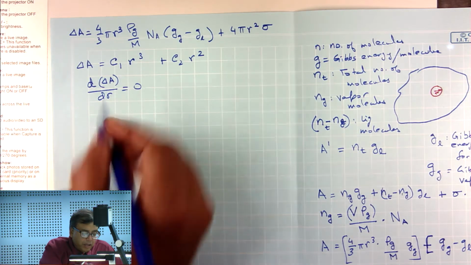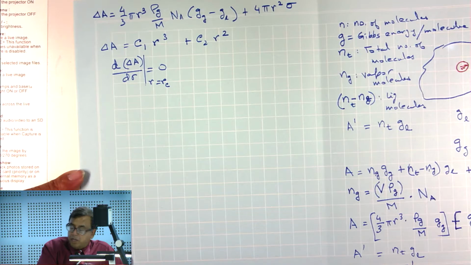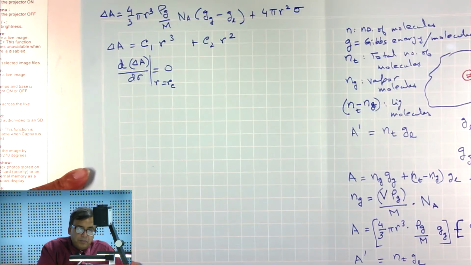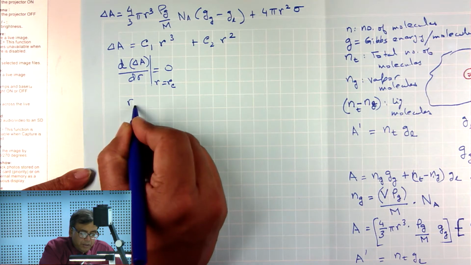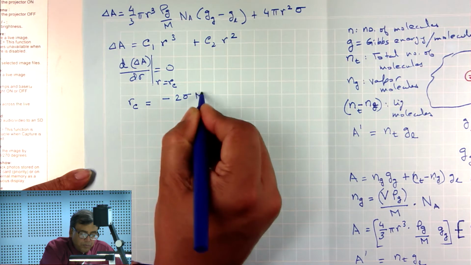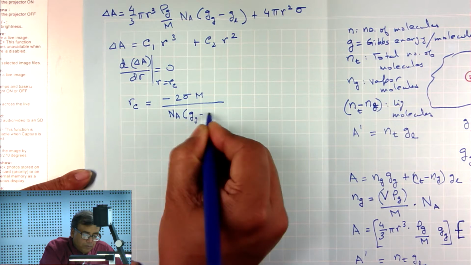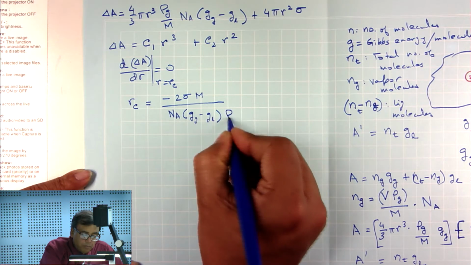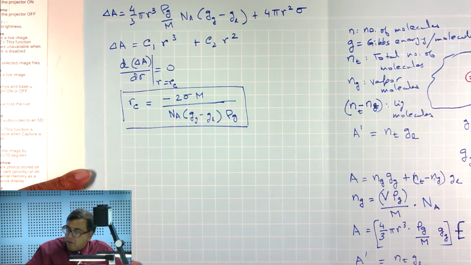The condition in which it occurs, that radius is my critical radius and I call it r equal to rc. When r is equal to rc, my availability is maximized or minimized, I do not know which. So, if I do that, I will end up with a critical radius that takes a form. So, that will be my critical radius.